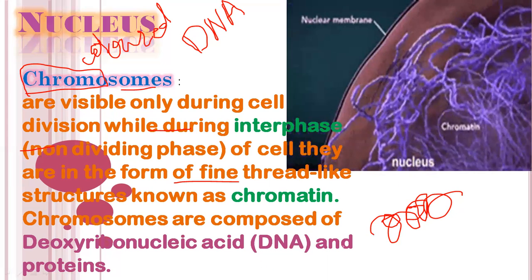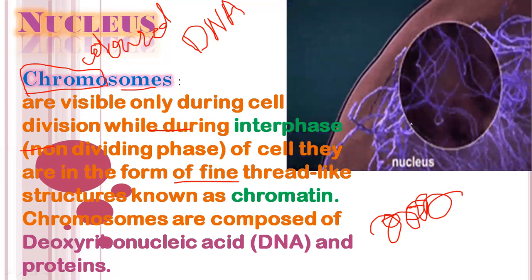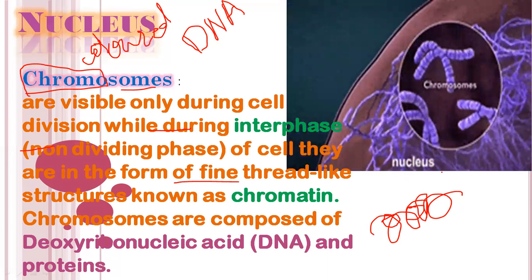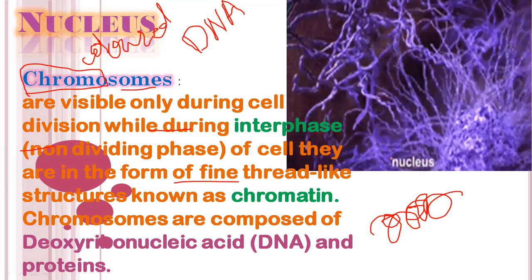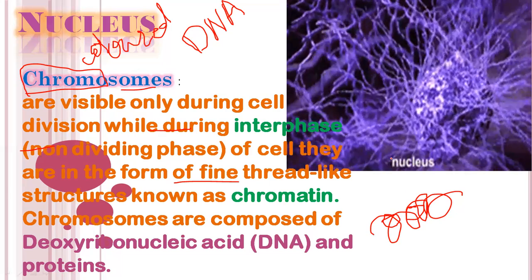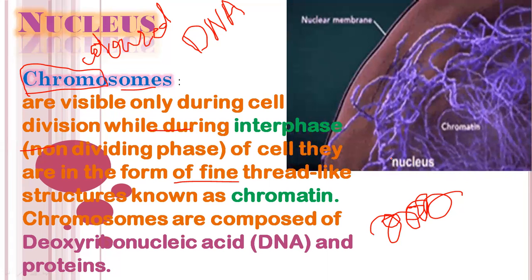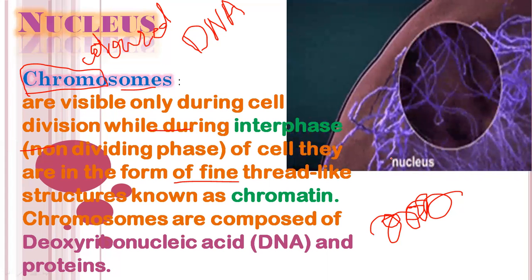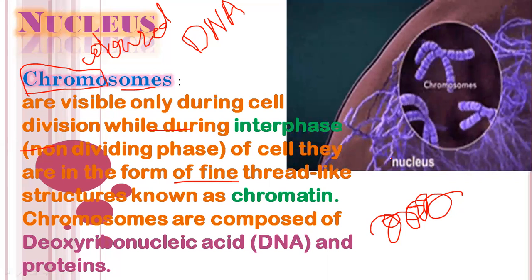So that is the DNA which is present in the nucleus of every cell of our body, except one cell. Which one is that? That is the red blood cell, because red blood cells don't have a nucleus, so they don't have DNA.